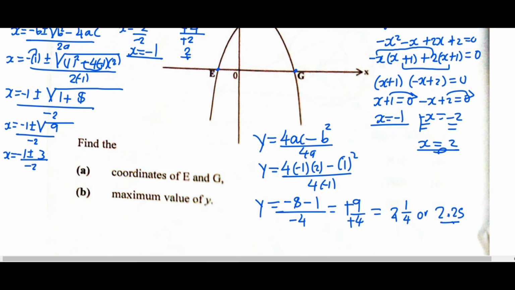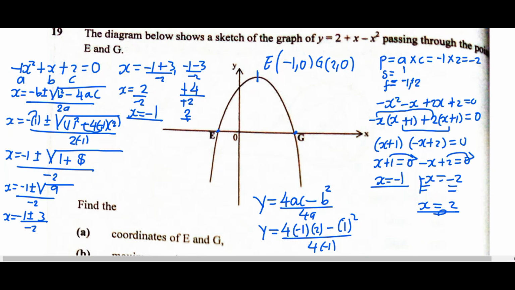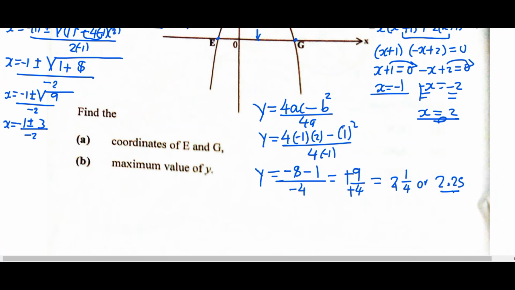So this is our maximum value, and we can analyze it. We can see that the x coordinate of the turning point will be here, then the y coordinate is somewhere here. So this is where there is y of 9 over 4.